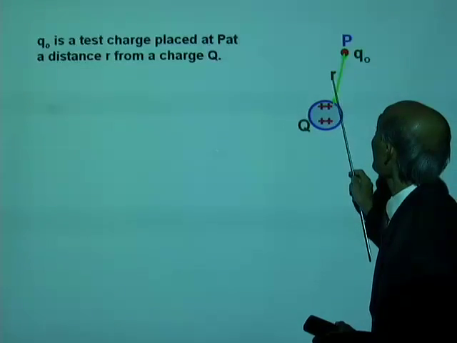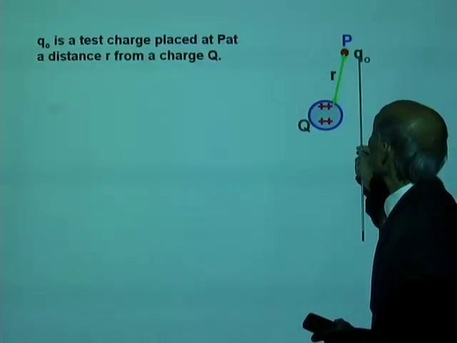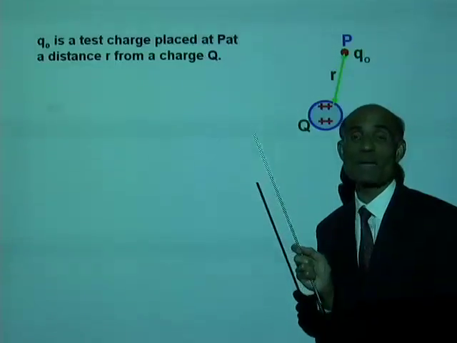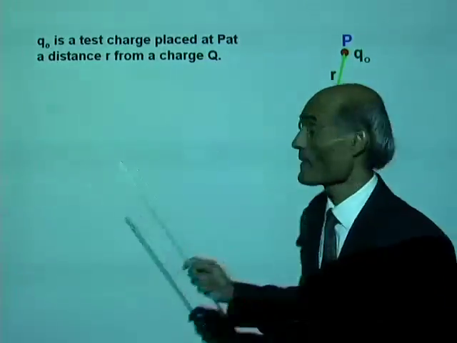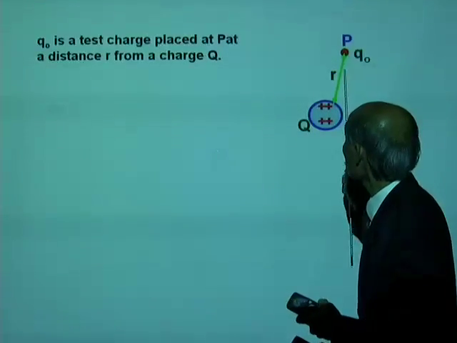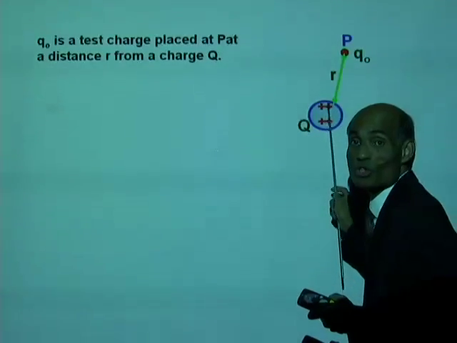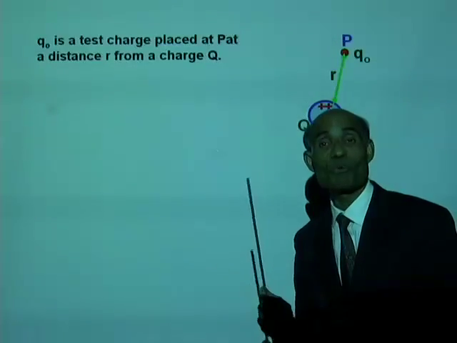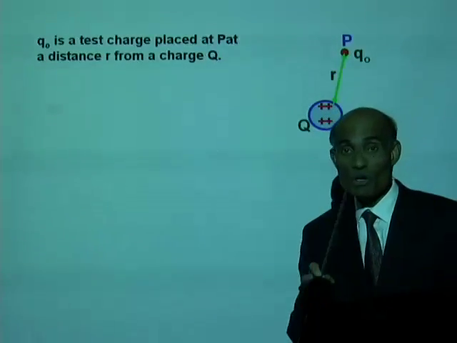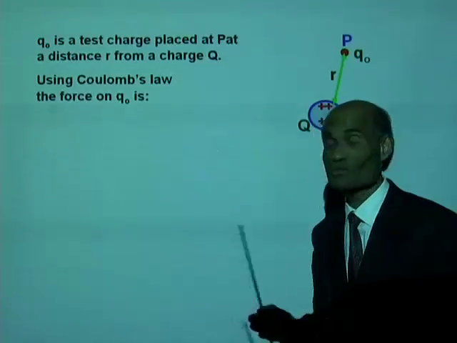This distance is r, and we place a test charge Q0 there. And of course, remember, a test charge is a positive charge. That means this test charge will experience a force due to this charge Q. What is that force? Can you tell me? If you know Coulomb's law, you can tell me that force.